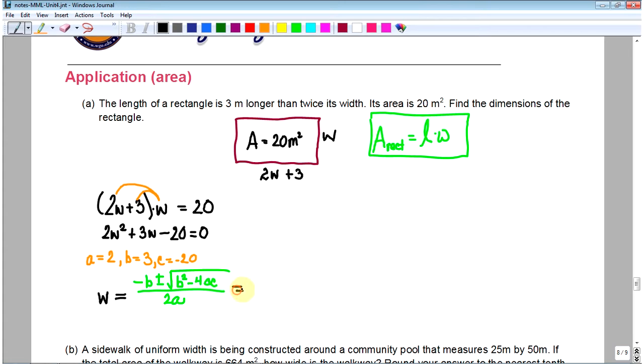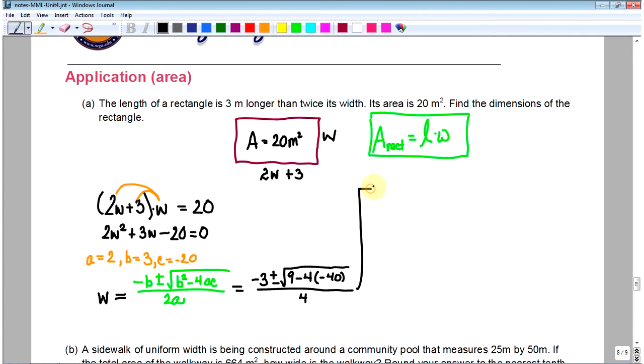So for us, this will equal the opposite of b, which is negative 3, plus or minus the square root. B squared is 9, minus 4 times a times c is negative 40, all divided by 2 times a, which will be 2 times 2, or 4.